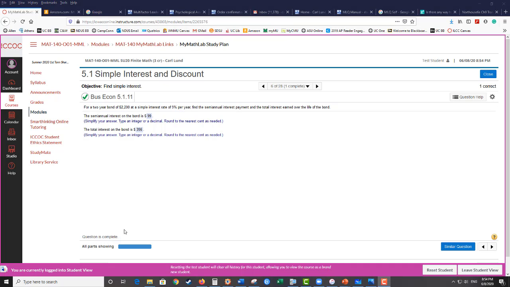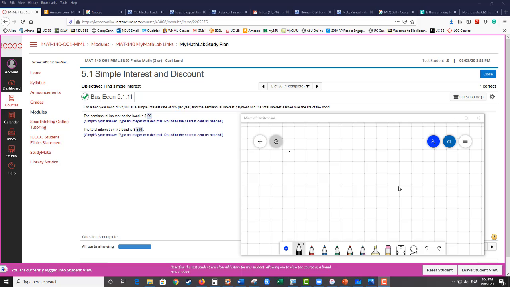So I did this using common sense, but we could also do this using our interest formula. Remember, our simple interest formula is the interest we pay or that we earn is the principal times rate times time. In the first part of our problem here, our principal is the face value of the bond.